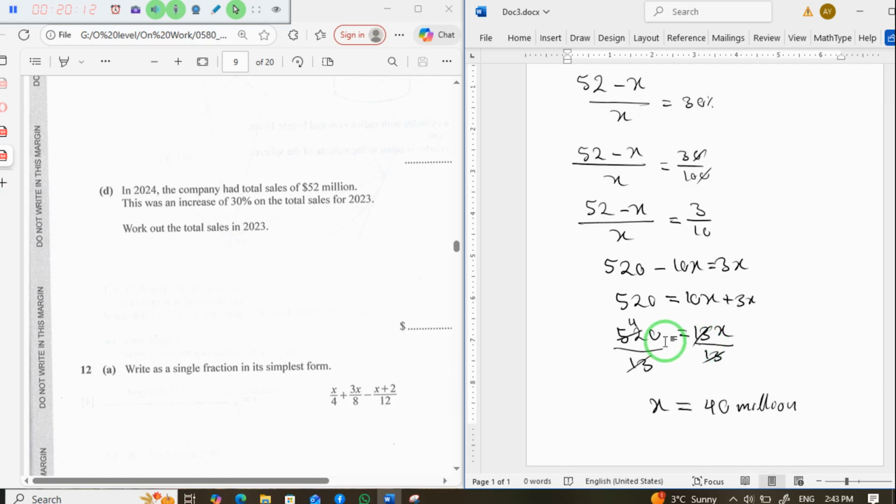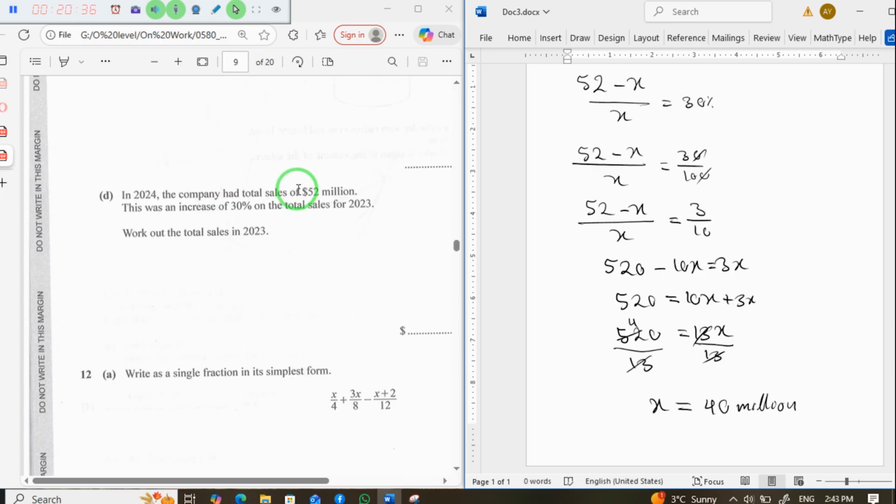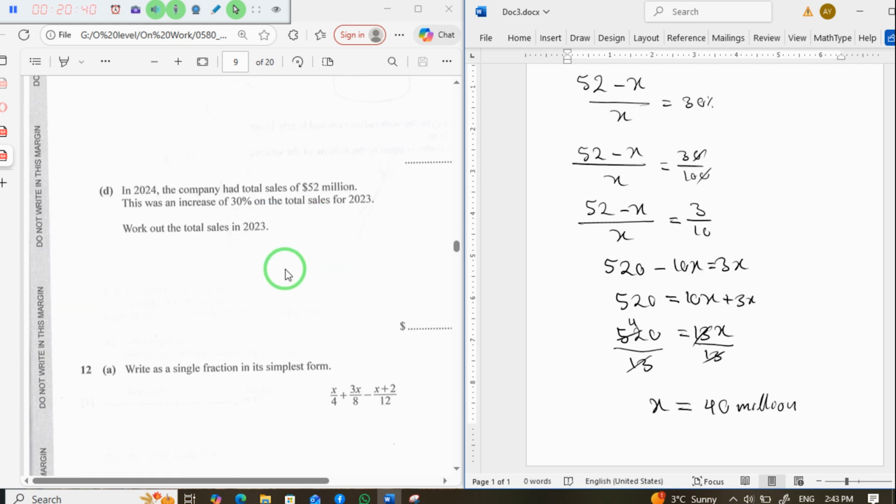It means the company sold 40 million in 2023 and in 2024, the next year, 52 million. Actually, they increased their sales by 30%. So this is the fourth part of this question. It was a little long.